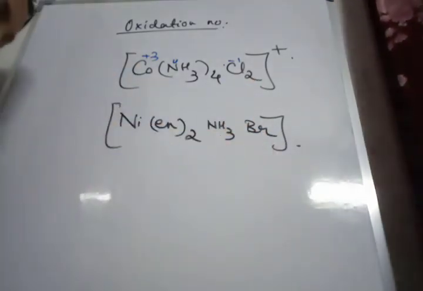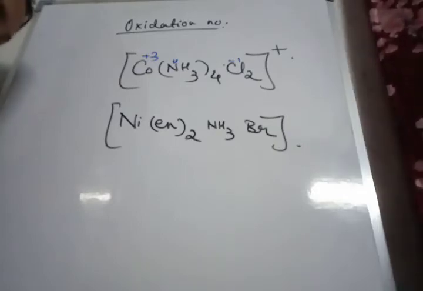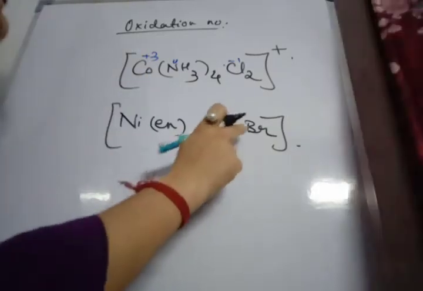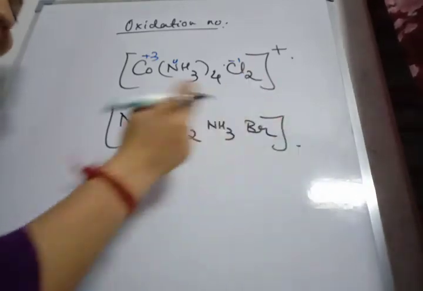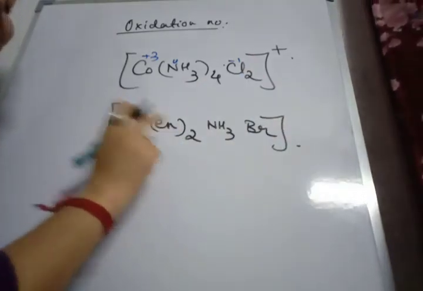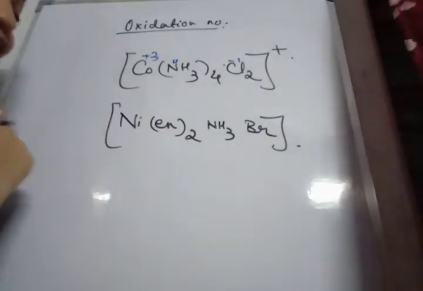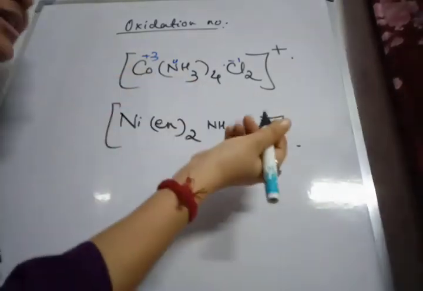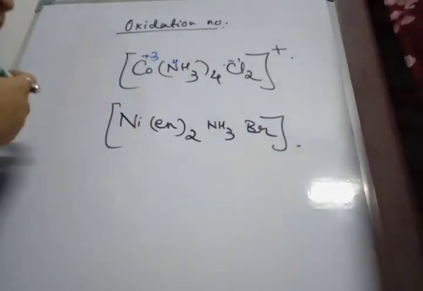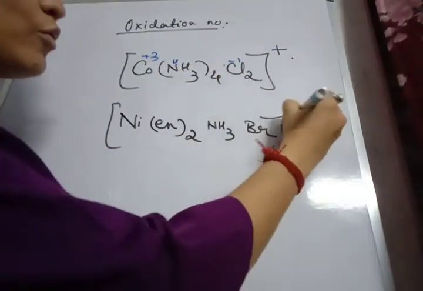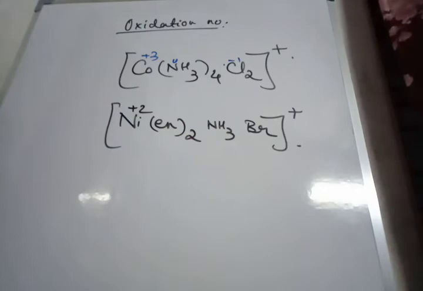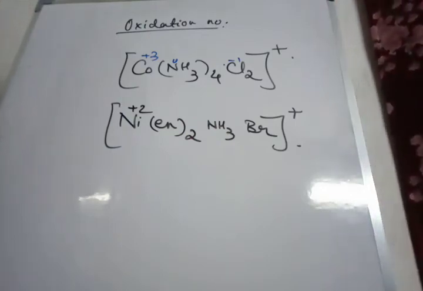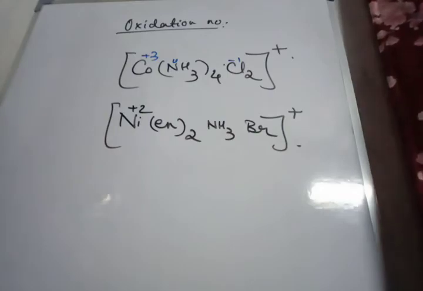So first ammine will be coming, then bromo or bromido, then bis(ethylenediamine), nickel, within bracket its oxidation number, that is equal to how much? Okay, overall charge is +1, so equals +2. Okay, so this way we have to name, and there shouldn't be any gap between the names. You have to follow that.